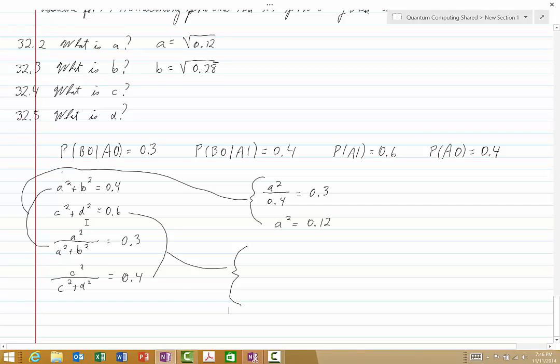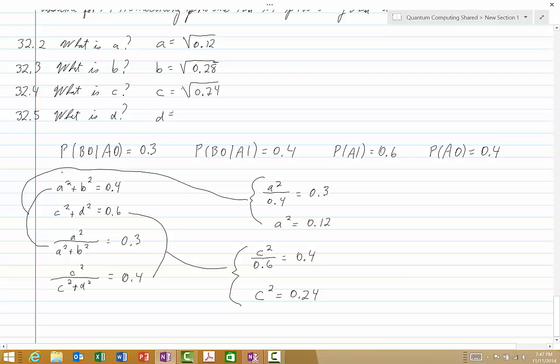We know that C squared plus D squared is 0.6, and here we have C squared over C squared plus D squared is 0.4. So that tells us C squared over 0.6 is equal to 0.4, which says that C squared is 0.24, and therefore C is the square root of 0.24.